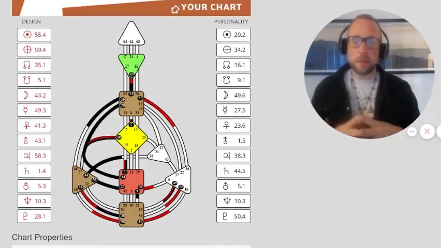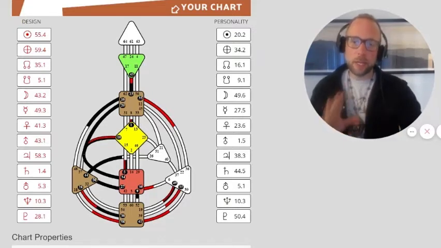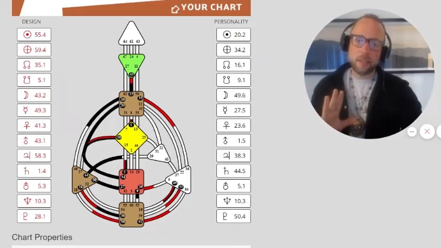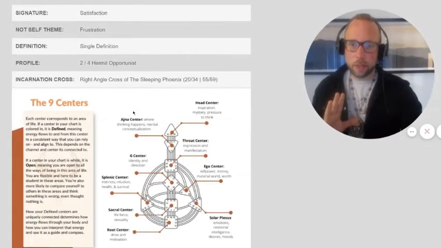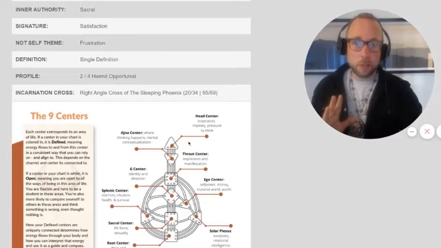In future videos we'll talk about the channels and gates as well. Right now, just understand at a high level that this is a unique energy flow, for example, between my sacral and my throat, meaning my life force and my energy and my expression and manifestation. So my life force and sexual energy as well, and throat center expression and manifestation.